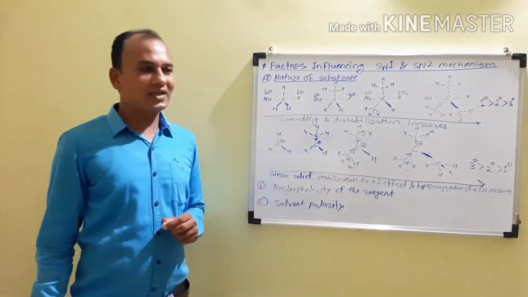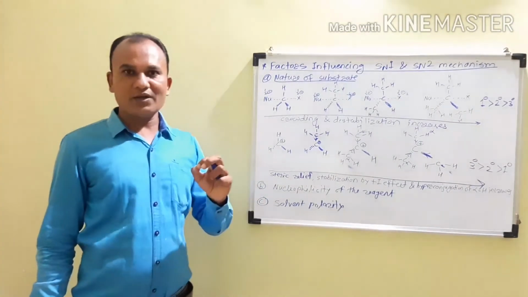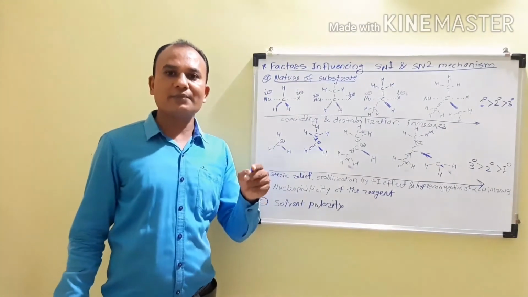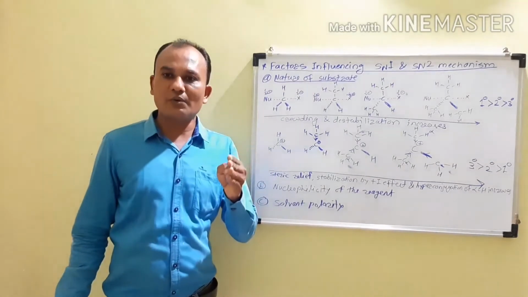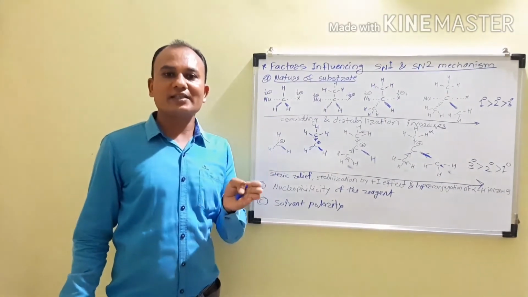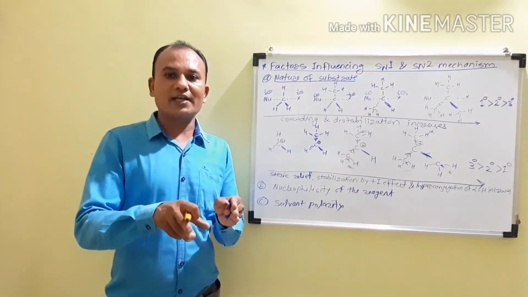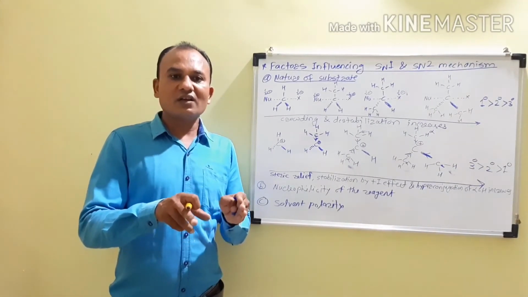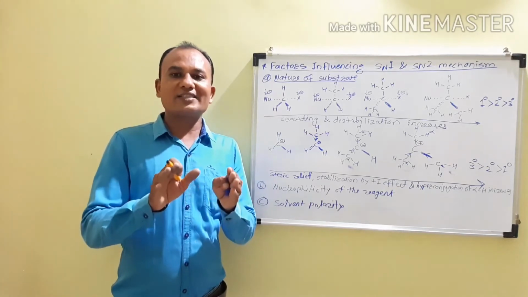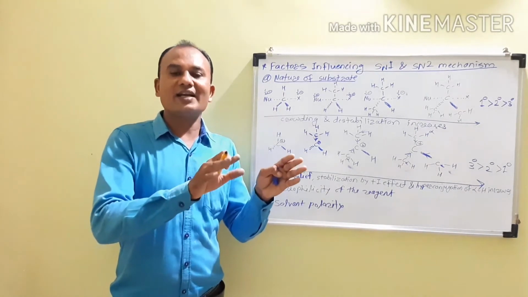But when we consider the SN1 mechanism, it is a two-step mechanism in which in the first step there is a formation of carbocation, and in the second step there is an attack of the nucleophile on that carbocation, and therefore the nucleophile is not involved in the rate determining step.